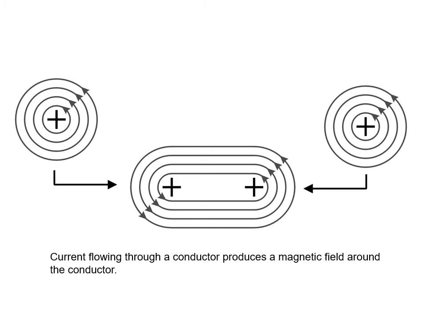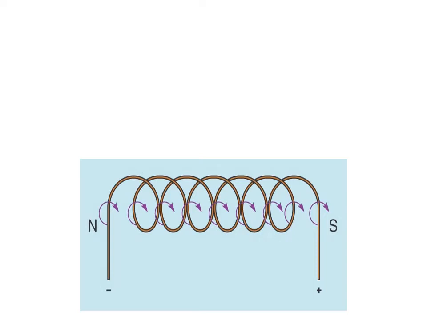As we continue to add more coils, or more loops, or more turns, together with the current going in the same direction, our overall magnetism increases. So now we have what we call an inductor, or a coil, where we've taken our wire and we've formed a coil with it.